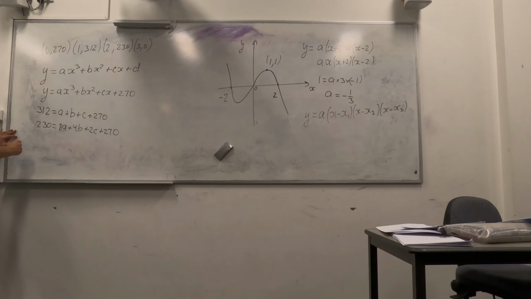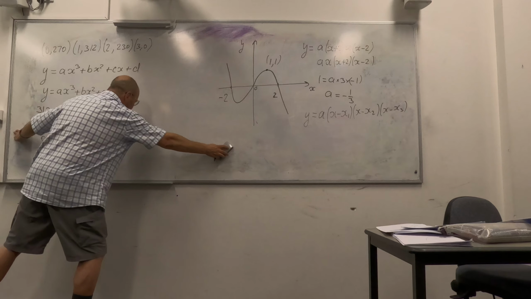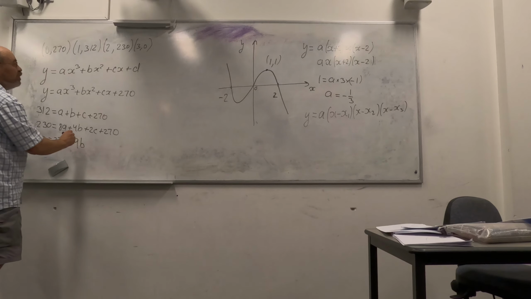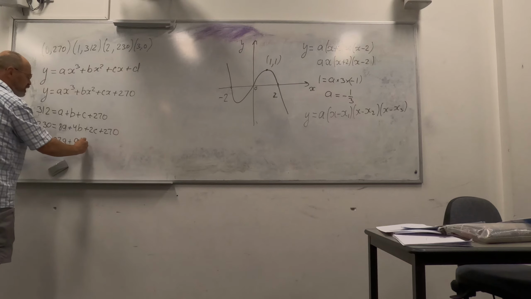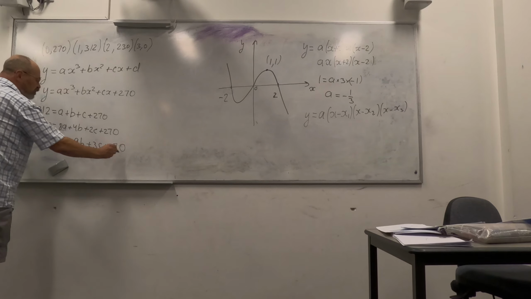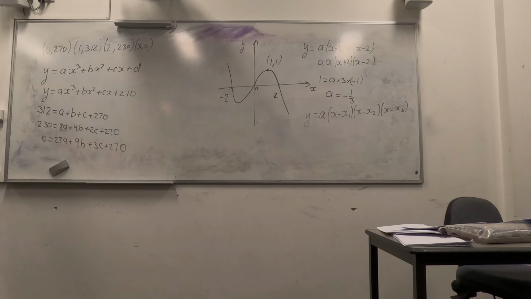And the third equation will be 0 equals 27A plus 9B plus 3C plus 270. And then you can solve them using the CAS calculator.